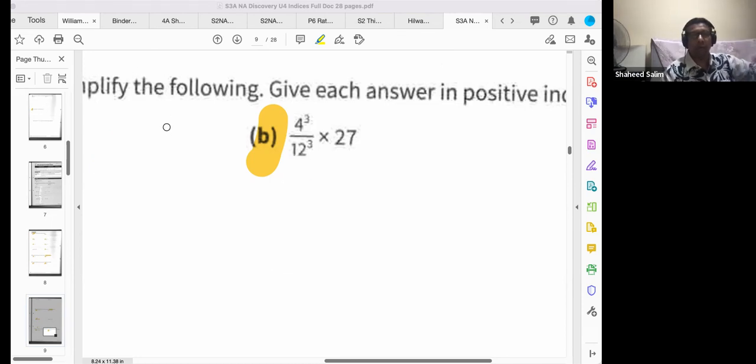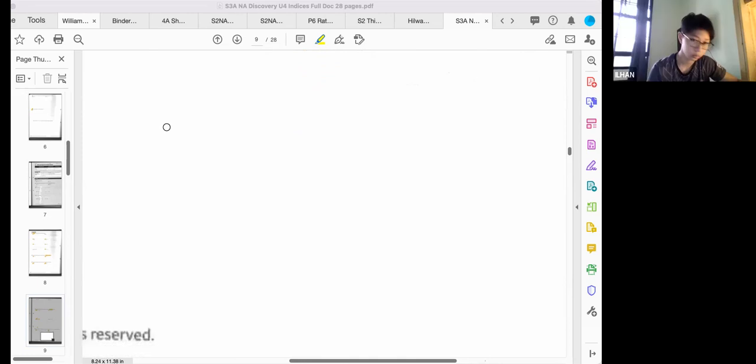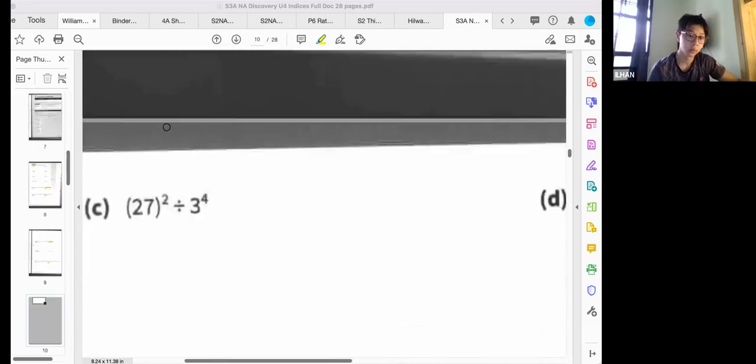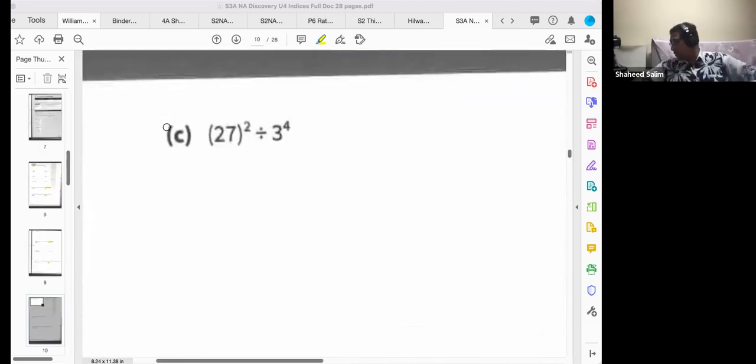We try now. Try the next one, this one. Again, you cannot use the calculator. Can you try the C?